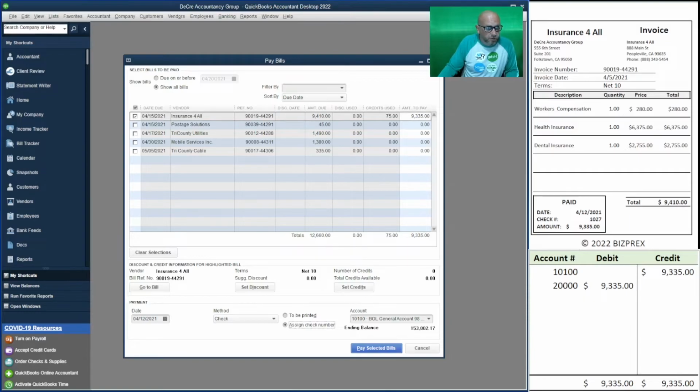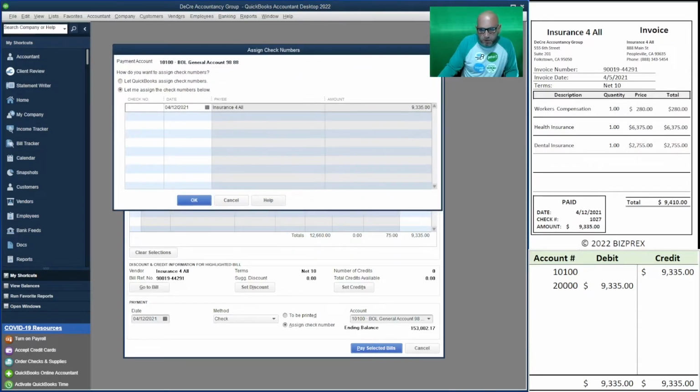Therefore, combination of this credit and this debit will completely remove accounts payable. It will bring it to zero for that specific vendor. All right, let's continue. Pay selected, check number 1027.